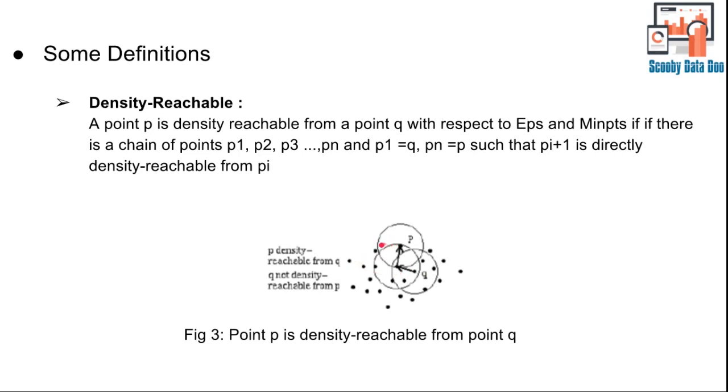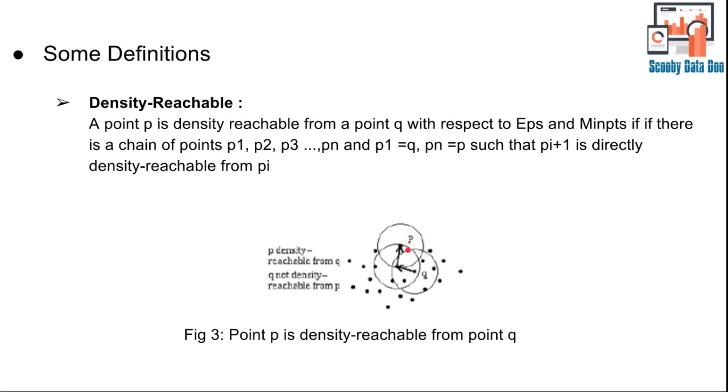This is clearly seen. If you see this boundary of the cluster and this boundary of the cluster, both of them are core points because they share min PTS number of neighbors. But if you consider P, which is the last point, this is not a core point.